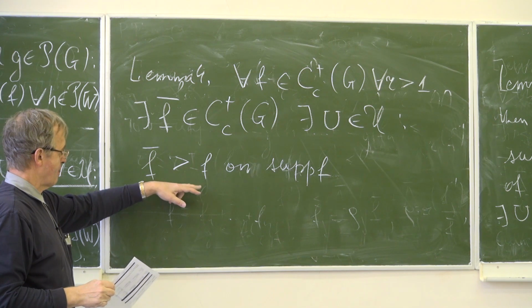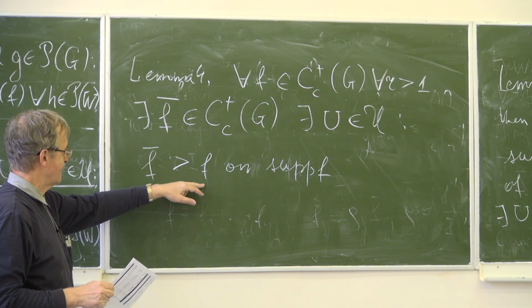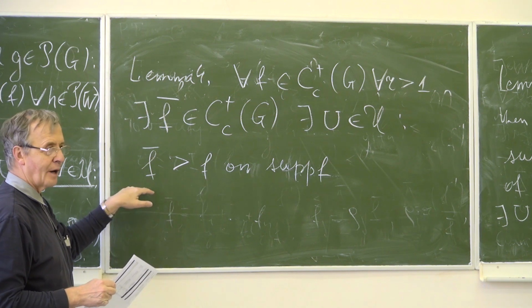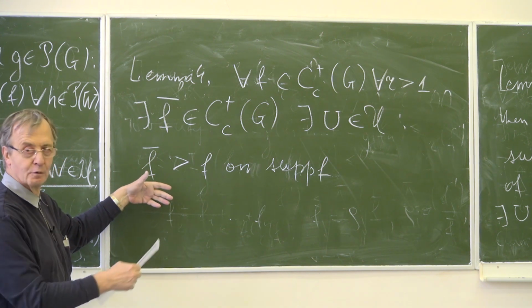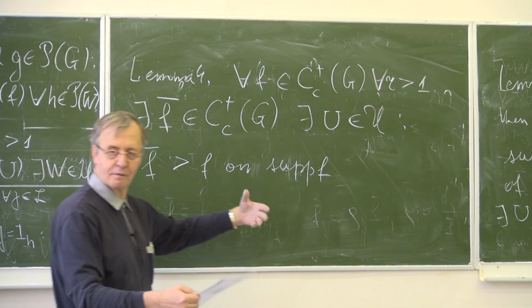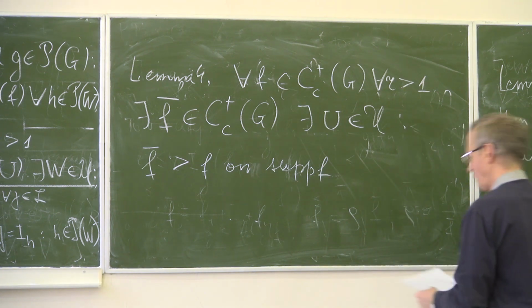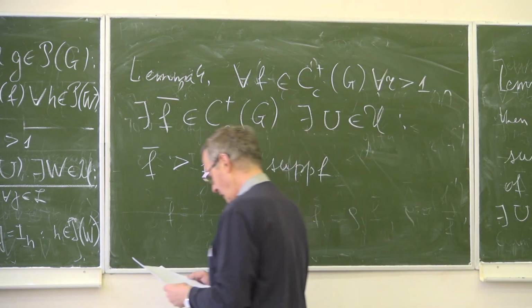Foreseeing the future, I tell you that in this case, if we divide f by f bar, then we obtain a continuous function, which we could not obtain in the hint to the proof of lemma 1 which I gave you. So this is the first thing.